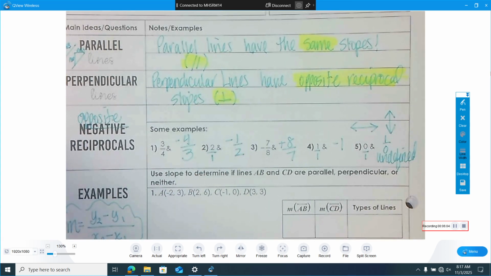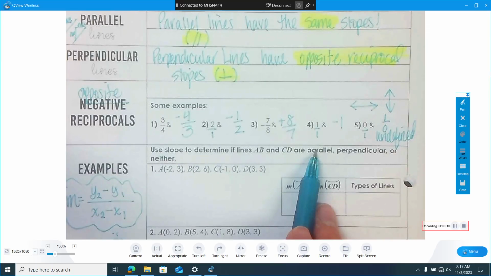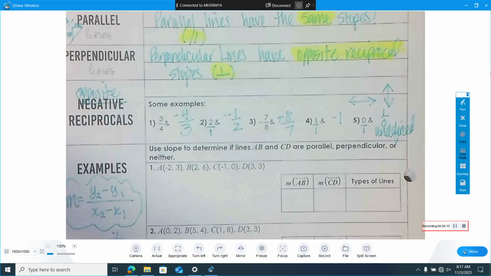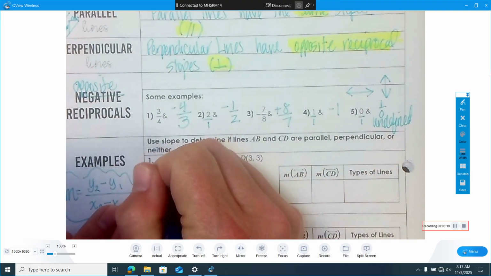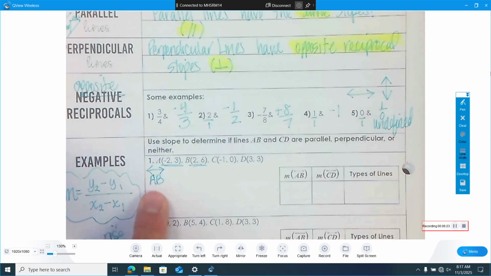Okay, here we go. So we want to use slope to determine if lines AB and CD are parallel, perpendicular, or neither. Okay, so A and B here, I want to find the slope of line AB. So I am going to use my little notation.